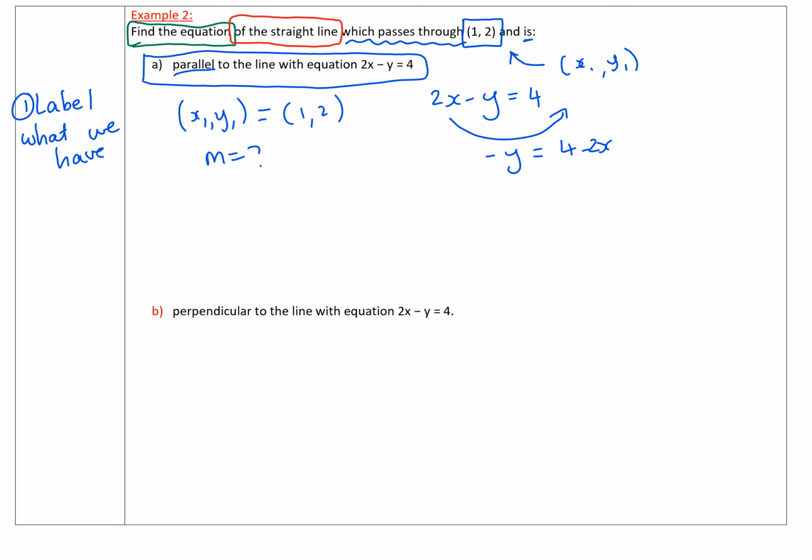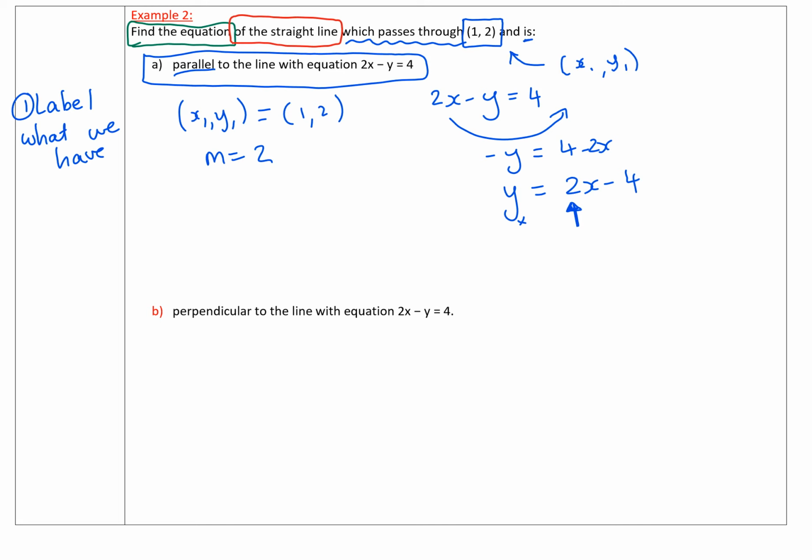And if I multiply by negative 1, then y equals 2x minus 4. Remember that 2x minus 4 is the same as negative 4 plus 2x. Now the line that I want, which is not this y line, has the same gradient, has a gradient of 2. So I can now go back here and say, my m is equal to 2.